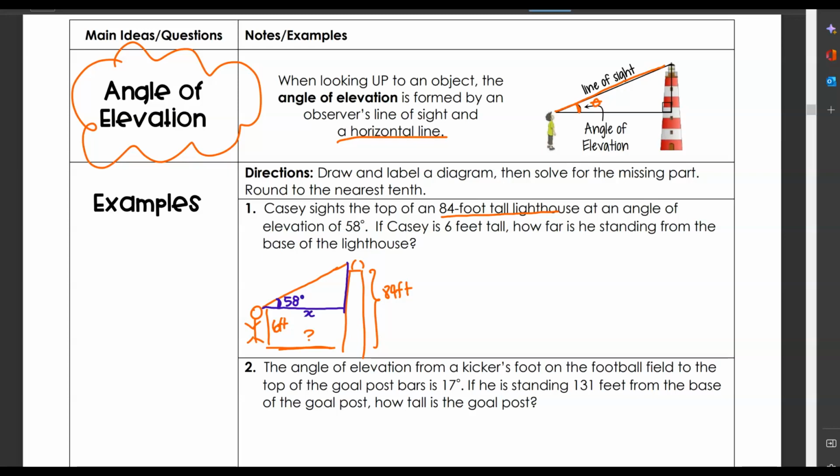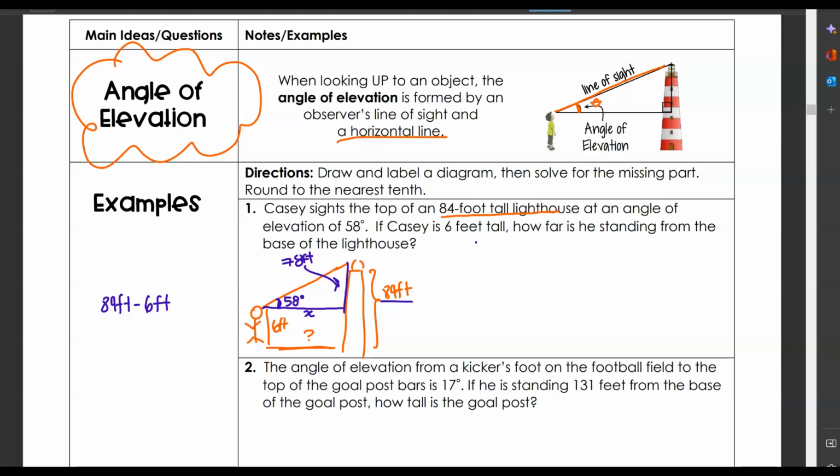If the entire lighthouse is 84 feet, this height here is going to be the 84 feet of the lighthouse, subtracting the 6 feet of height of the individual. So 84 minus those 6 feet gives us 78 feet here. Okay, so now we have an opposite and an adjacent.